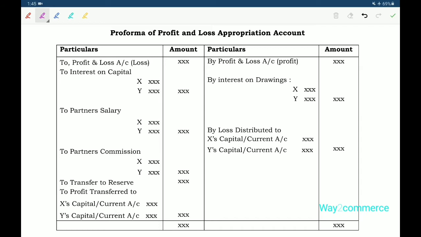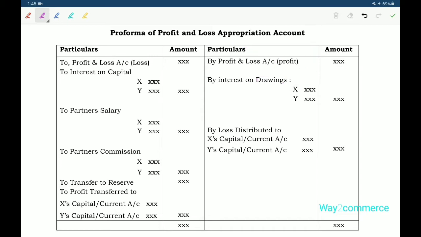That's why we have credited interest on drawings. So here profit, that means we add to this profit. So what is the entry? Interest on drawings account debit to profit and loss appropriation account. So these are the entries.